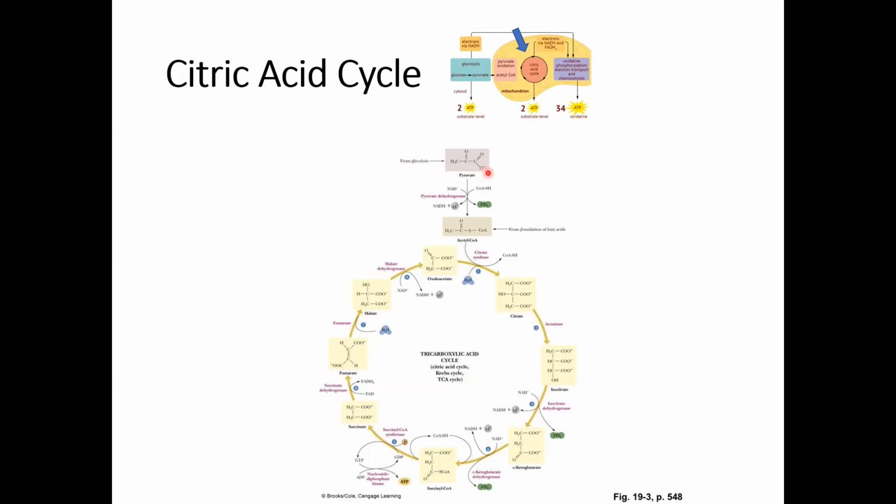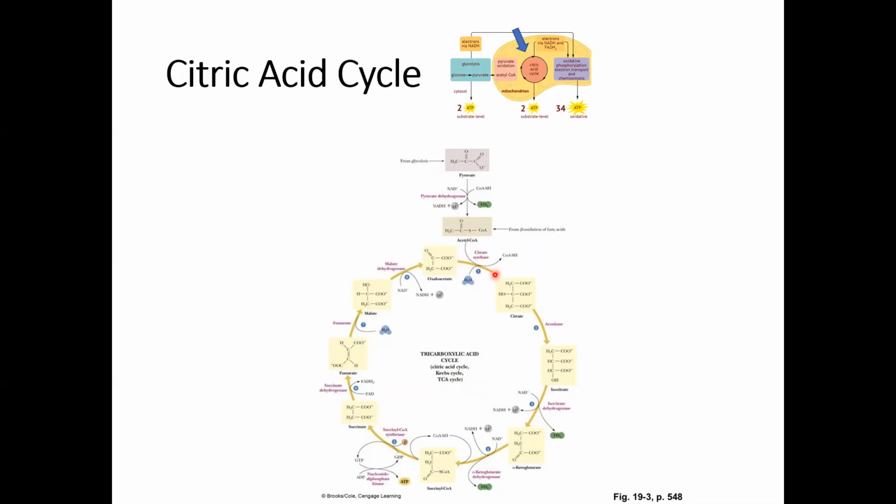Remember from glycolysis, we got our pyruvate. We had to use NAD and coenzyme A to get this to go to acetyl-CoA. NADH was produced and CO2 in that reaction. Acetyl-CoA can now enter here at what is shown as number 1.